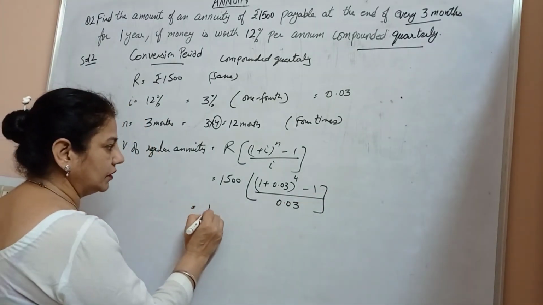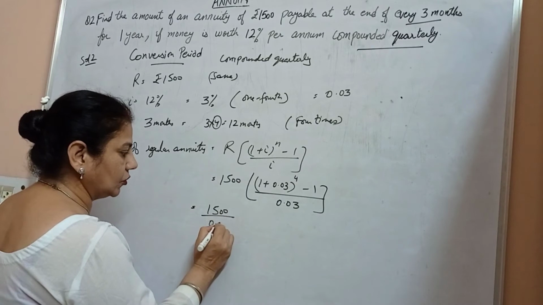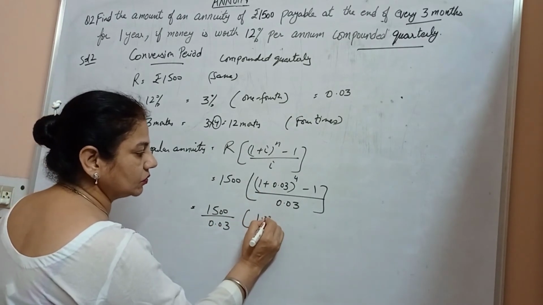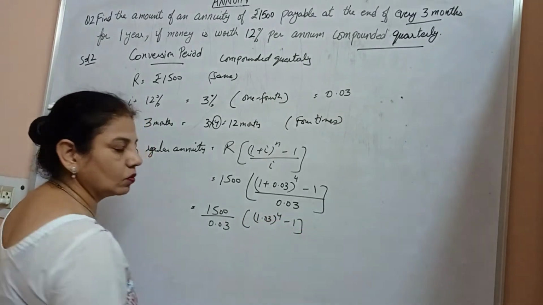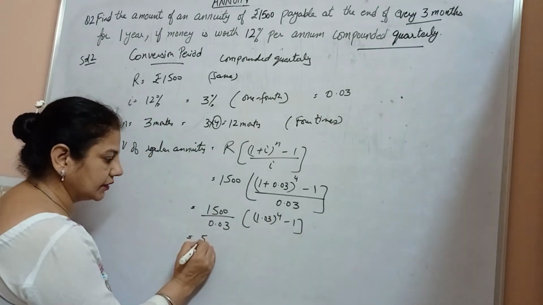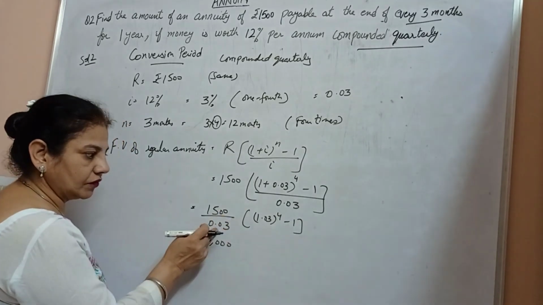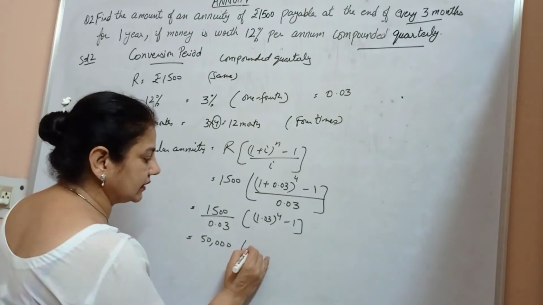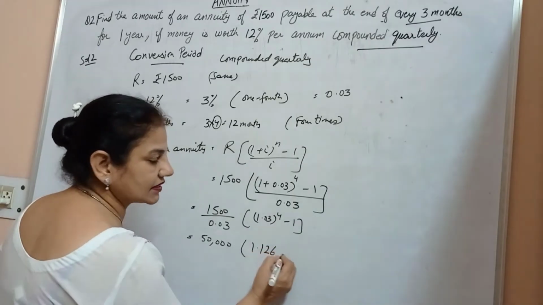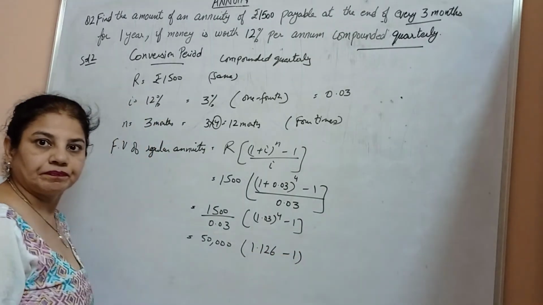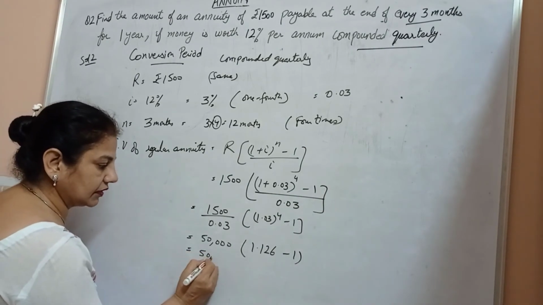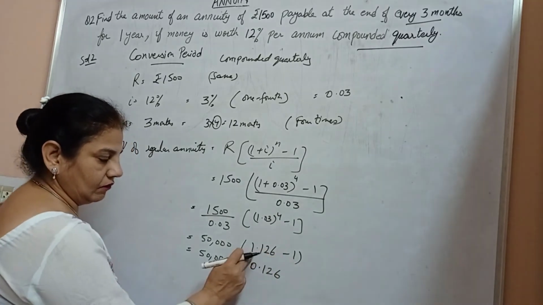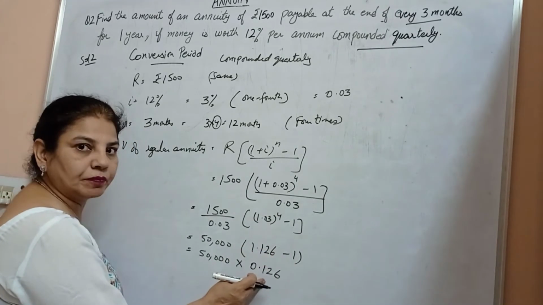So again we have 1,500 divided by 0.03, times 1 plus 0.03 means 1.03 whole to the power 4 minus 1. On solving I get 50,000, and 1.03 to the power 4 gives me the result as 1.126 approximately, minus 1. Here we get 50,000 multiplied by 0.126. 1.126 minus 1 is 0.126.